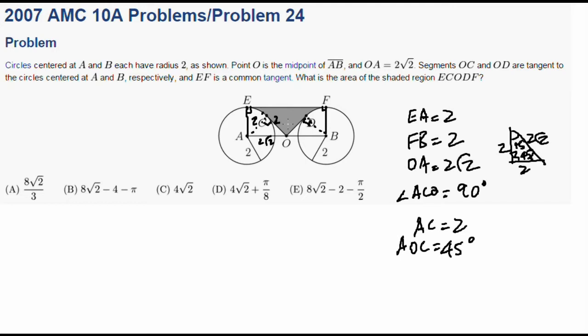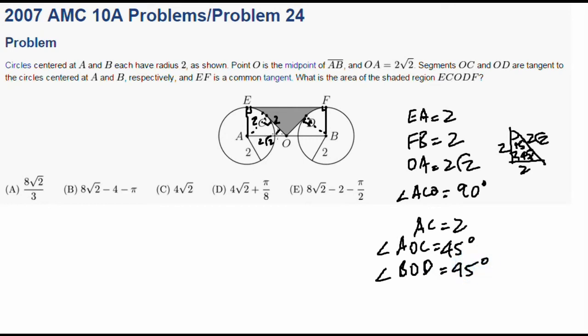Similarly, okay, then we can find the angle COD. Because if AOC is 45 degrees, this angle right here, because it's a 2, 2, 2 root 2 right triangle, that means angle BOD is also 45 degrees.